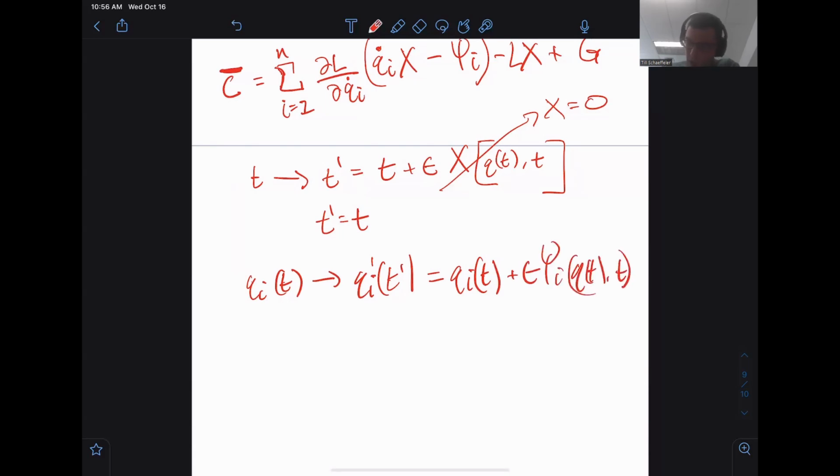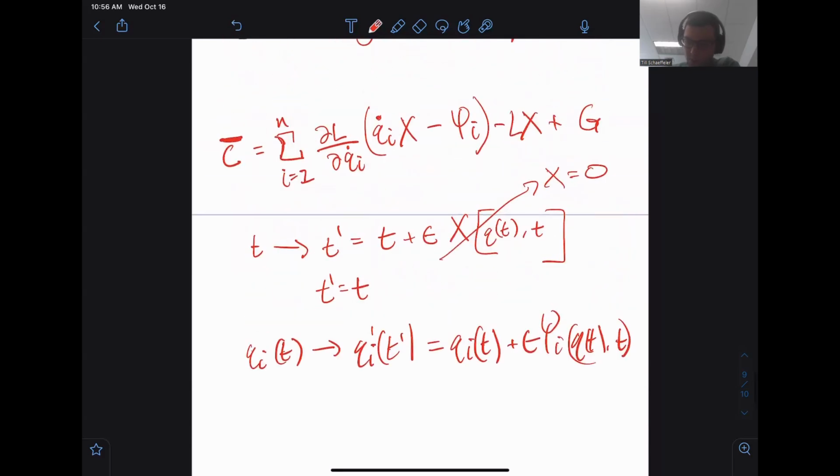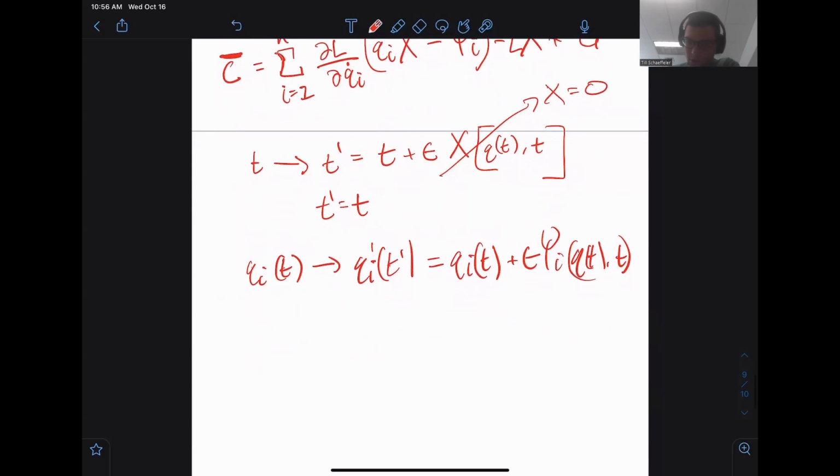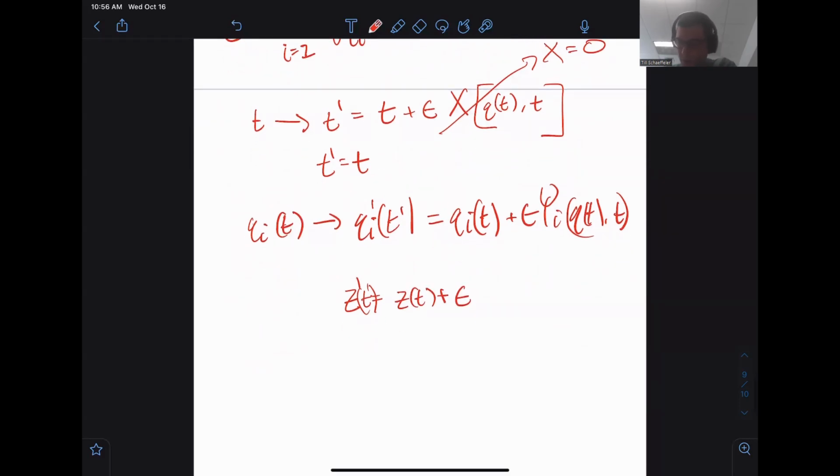So we only have one generalized coordinate, so z of t goes to z of t plus epsilon, which means in our problem i is equal to 1.